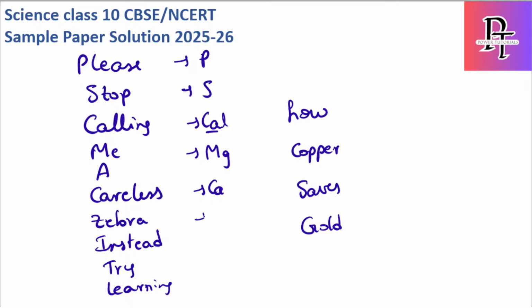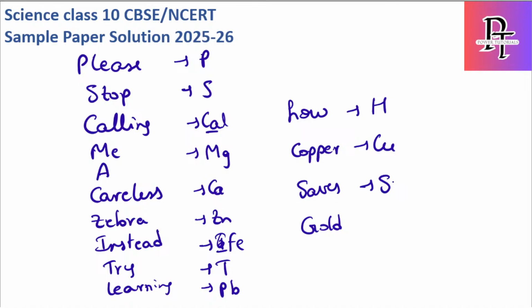Okay, next is zebra, which is zinc, instead is iron, tin, and iron's symbol is not I, it is Fe. And then learning is lead, Pb, H is hydrogen, copper, Cu, saves is silver, which is Ag, gold is Au.